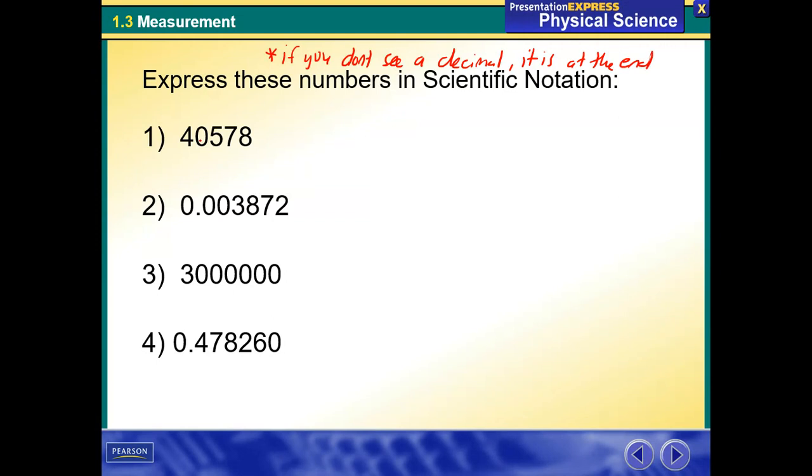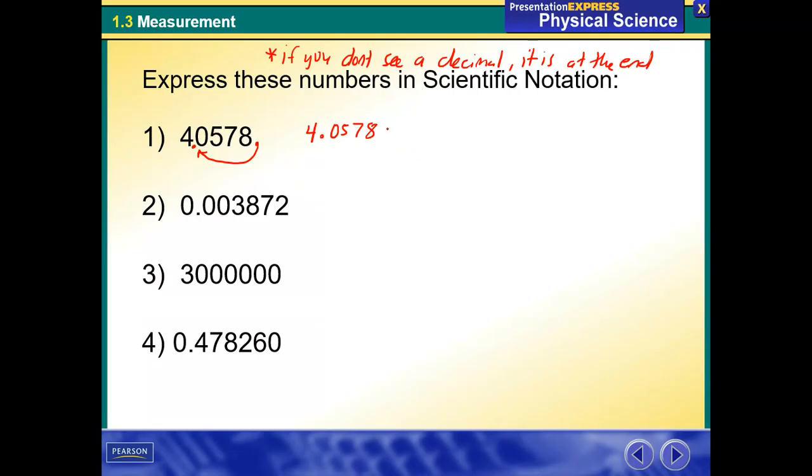So here, my decimal is originally at the end over here. And remember, we want to move our decimal where there is only one non-zero digit to the left. So in order to do that, here we have our first non-zero digit. Our decimal needs to move to here. So we're going to rewrite that number with the decimal there, 4.0578. So now we got our decimal moved.